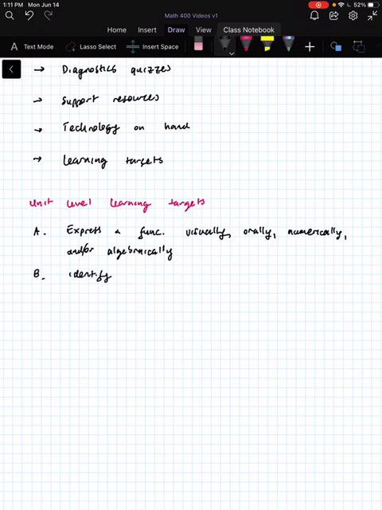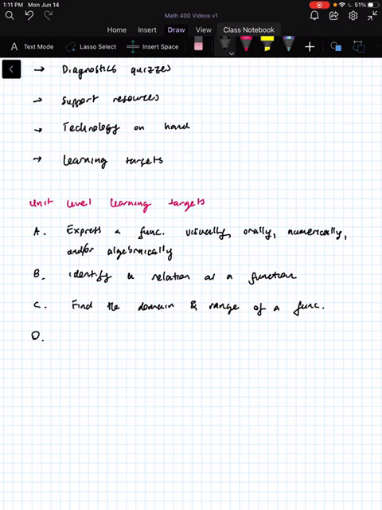You will know how to identify a relation as a function, how to find the domain and range of a function. Now I'll abbreviate again.